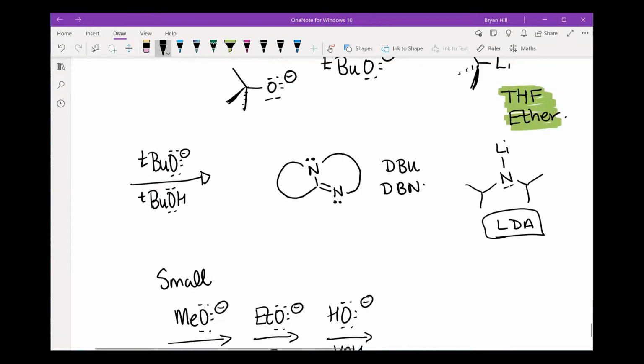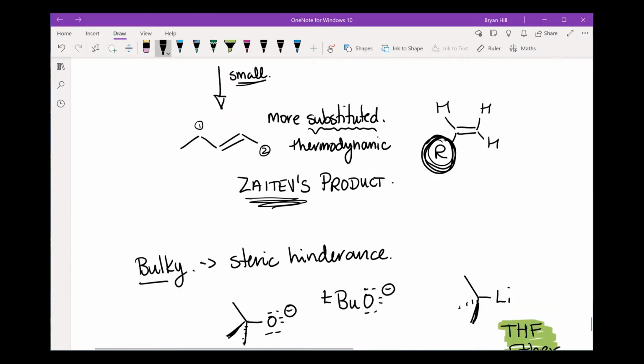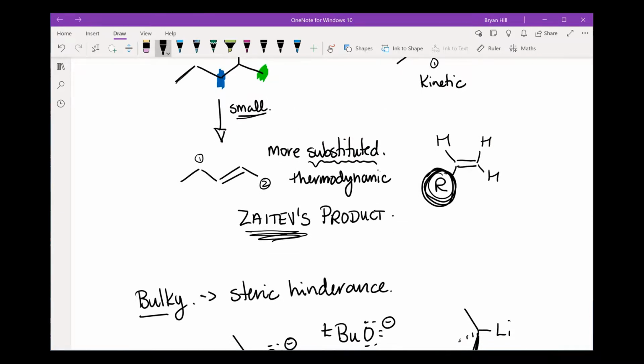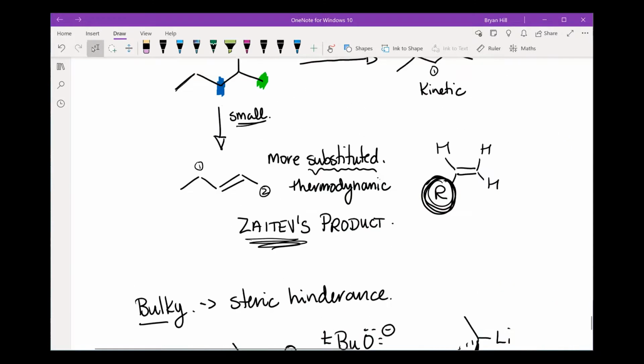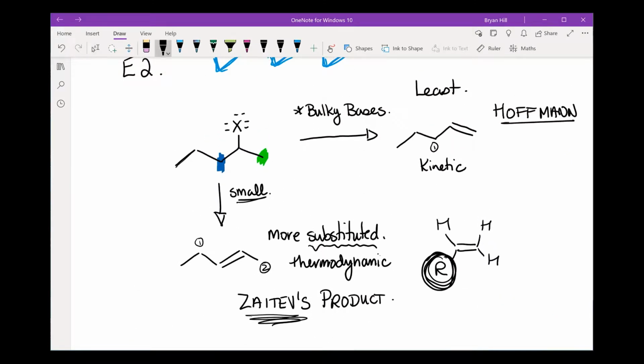Now, the reason why the Hofmann product uses bulky bases is that when that large base is grabbing a proton, it's easier to grab protons on the exterior here than it would be for a big bulky base to come in and grab a proton which is in the middle.